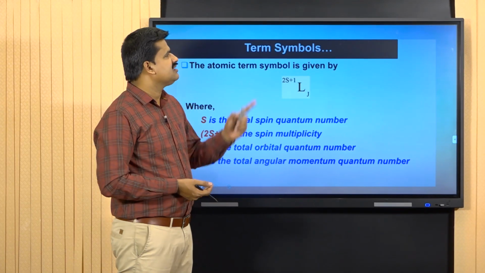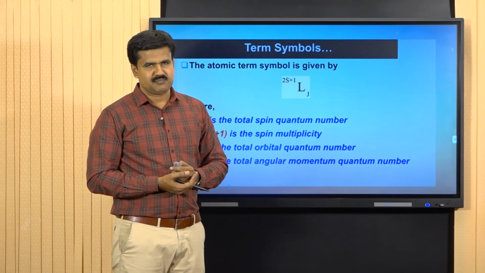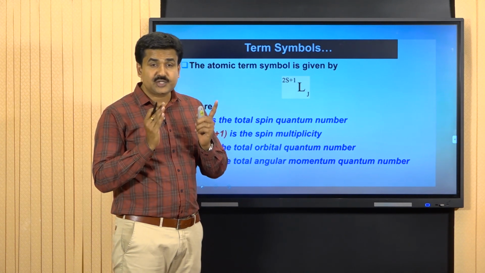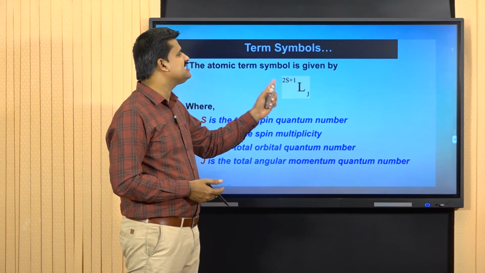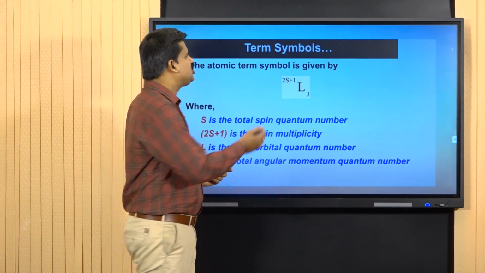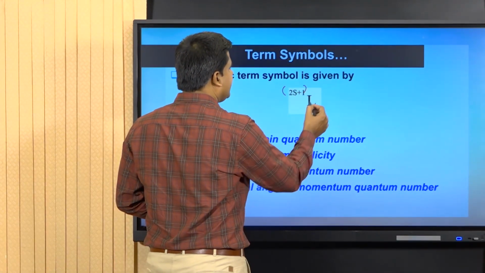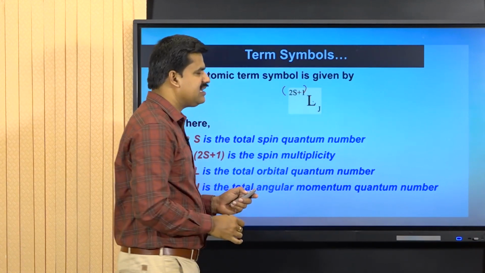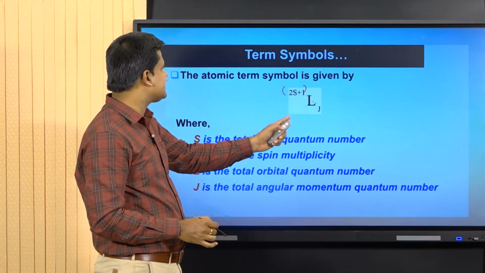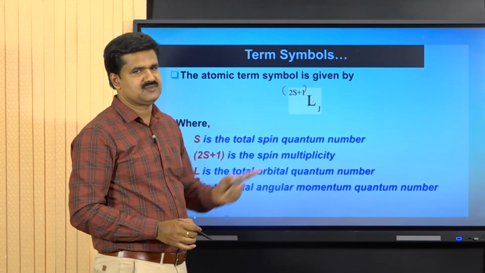Now, the atomic term symbol. The atomic term symbol is given by this representation: 2S+1 L_J. And this is the atomic term symbol.